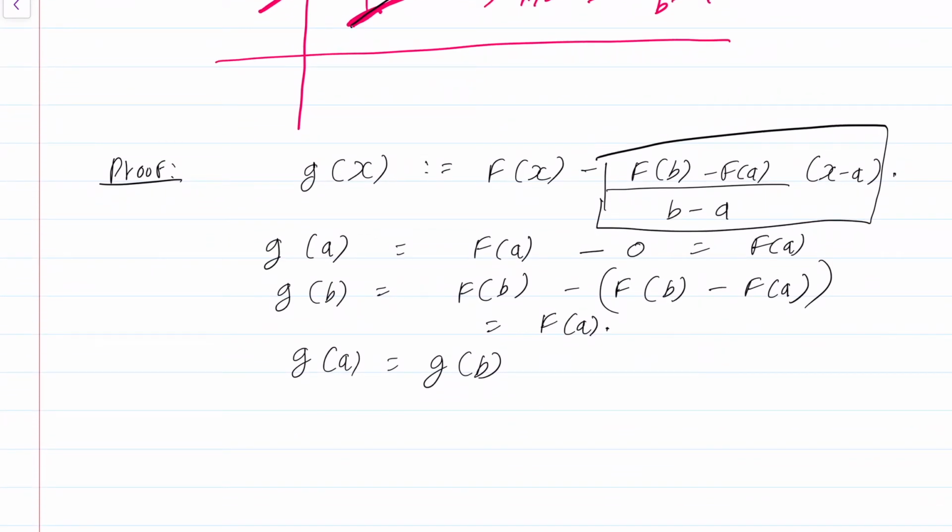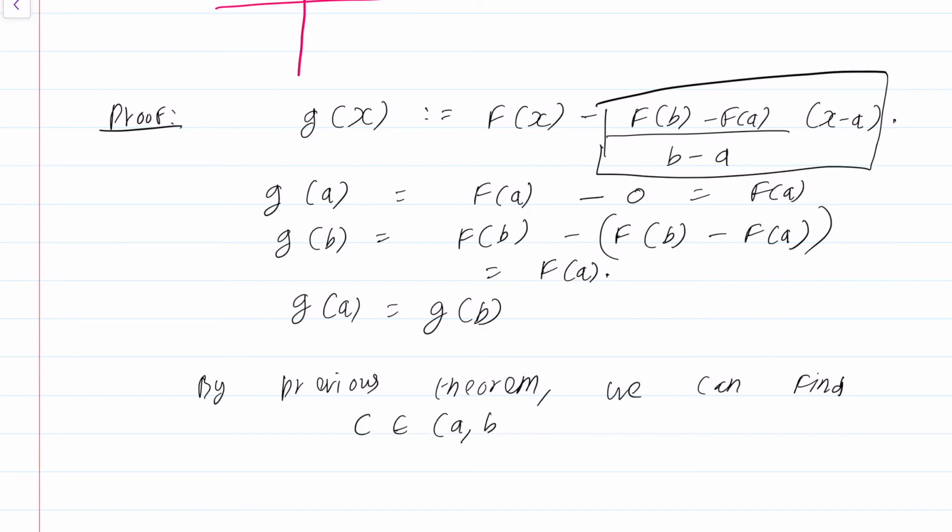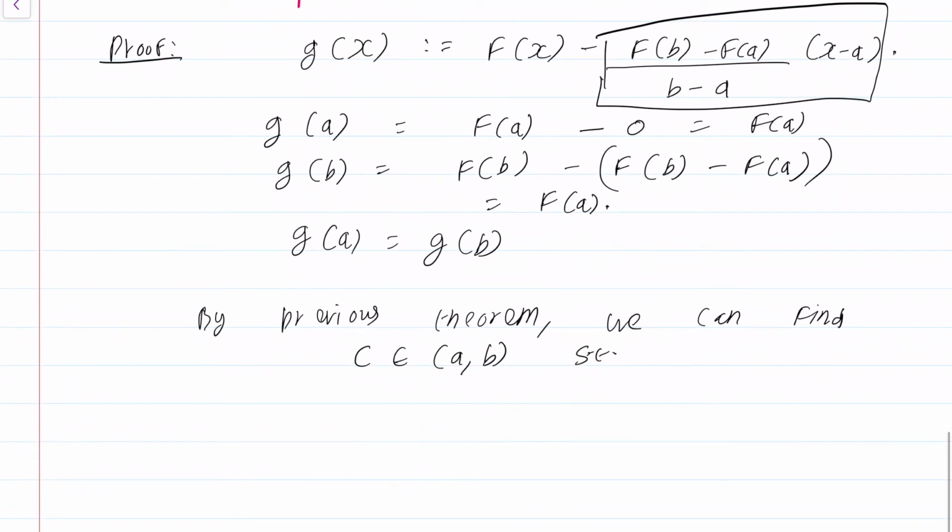Now by previous theorem, that is Rolle's theorem, we can find c in the open interval (a, b) such that g prime of c, which you can compute, is going to be f prime of c minus f of b minus f of a by b minus a, equal to 0.